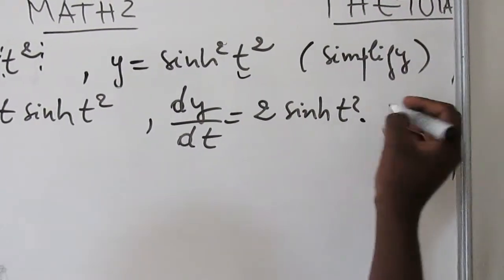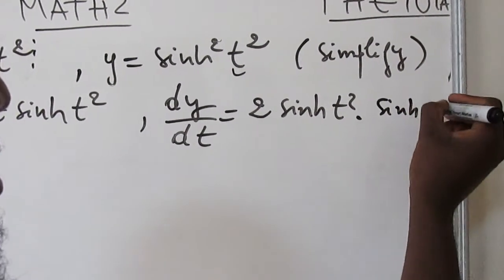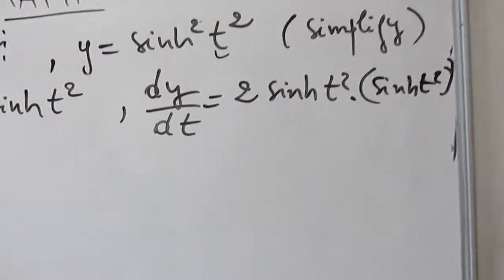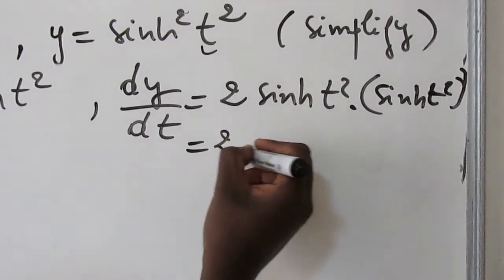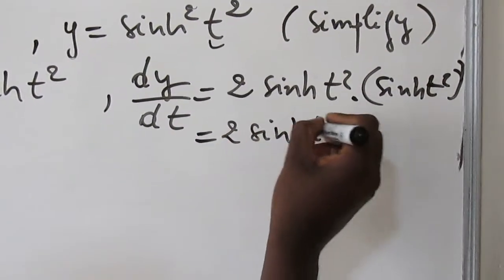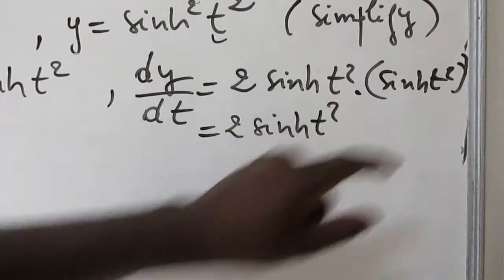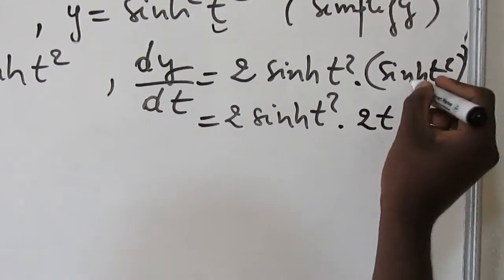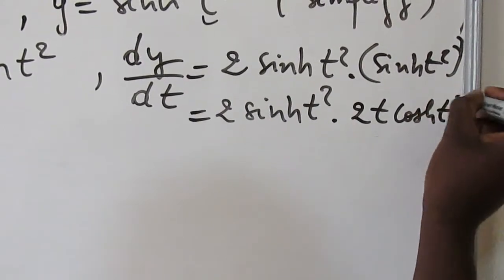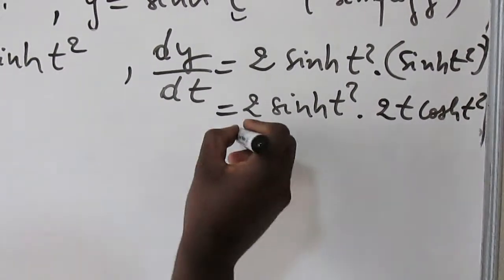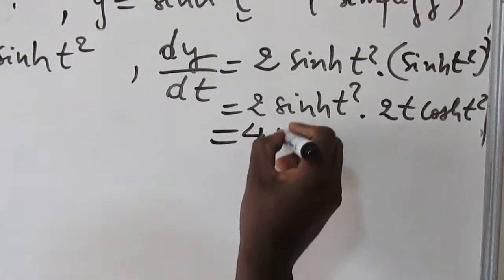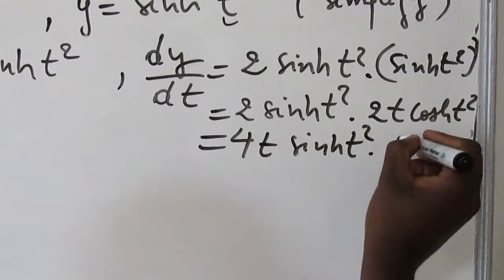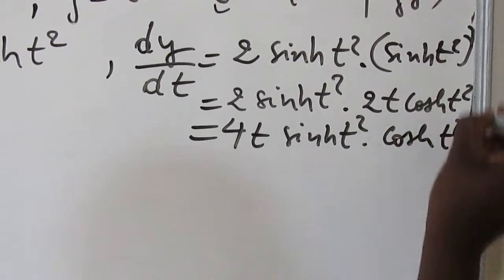Okay, we derive this, so this is going to be 2 sinh of t squared. Then when we derive this, the angle is t squared. It will change to what? To 2t. Then there is going to be cos of t squared. Alright. Then this finally is going to be 4t sinh of t squared multiplied by cos of t squared.